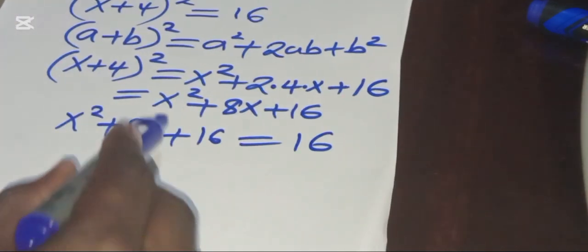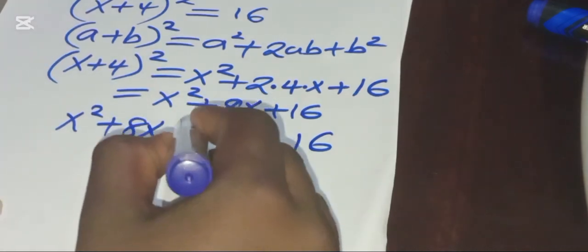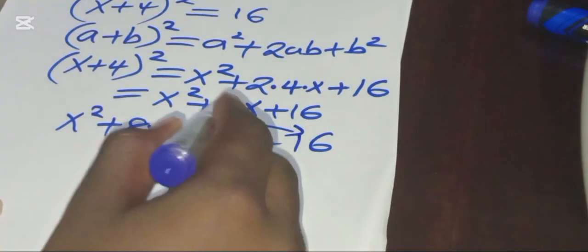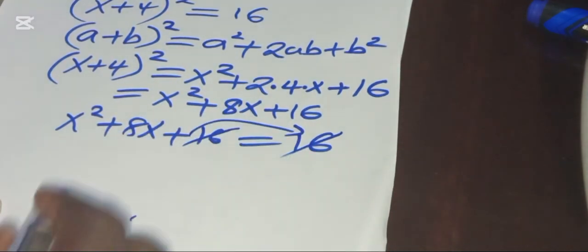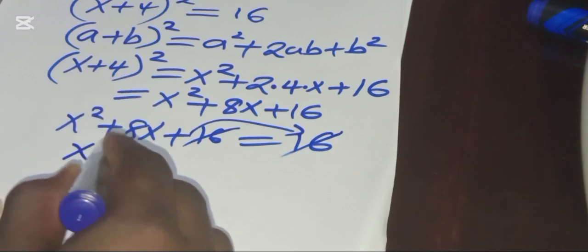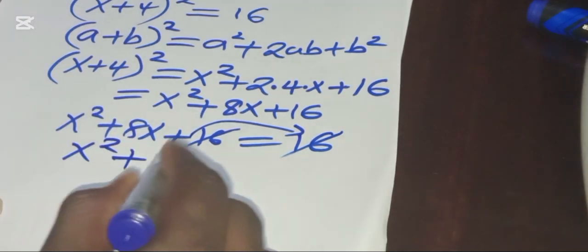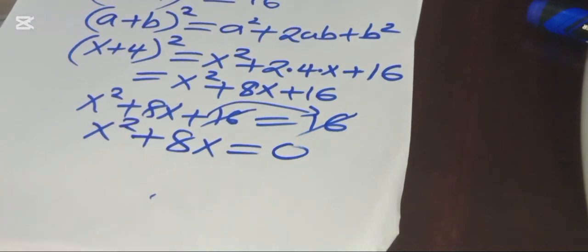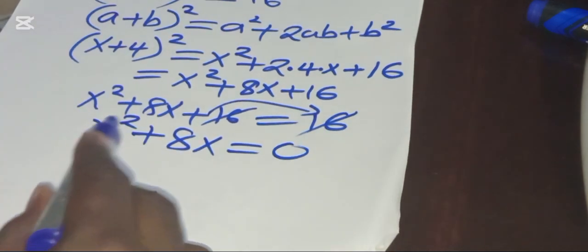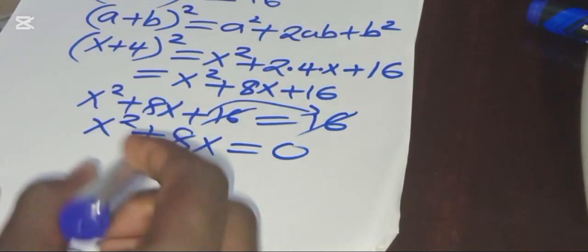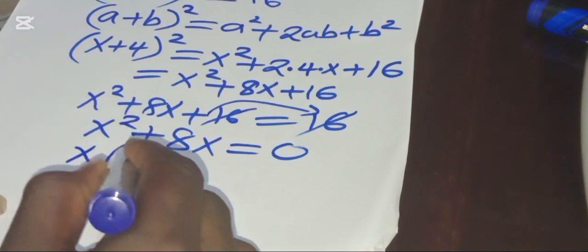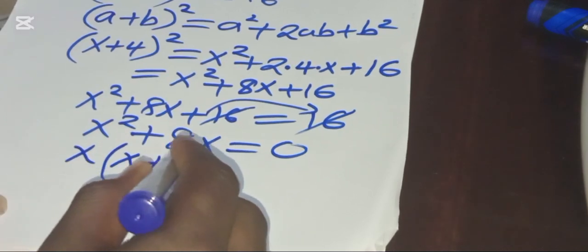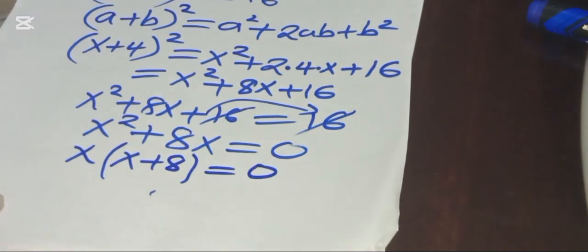So from what we have on the left-hand side, we take this 16 to the right-hand side, and 16 and 16 simplify, so that we'll have x^2 + 8x = 0. And since x is common here, we factor out x, so that we'll have x(x + 8) = 0.